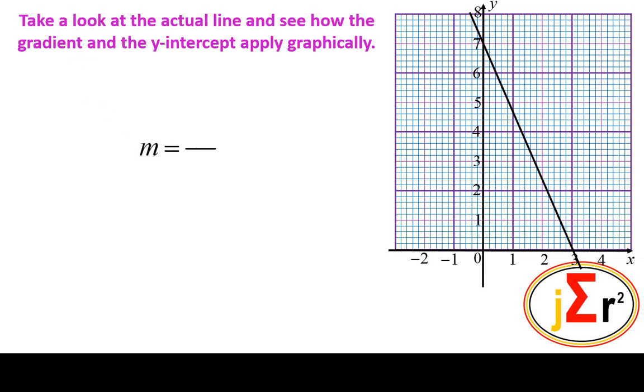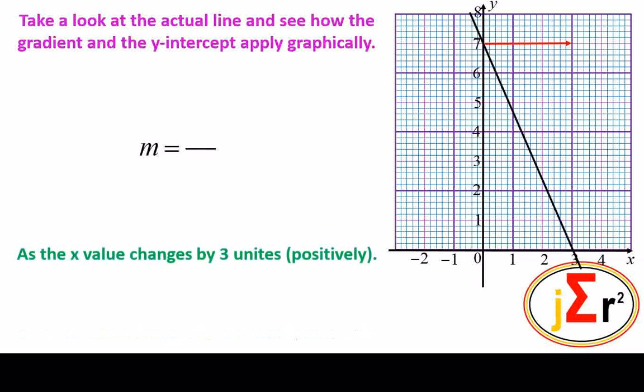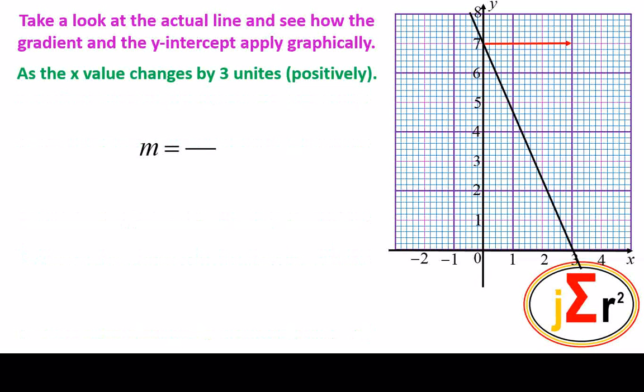So we have a gradient, and we know that the gradient is the rate at which y changes with respect to x. As the x value changes by 3 units positively, so if we take a look at this, 3 units positively, that is the change in x, 3 units positively, there it is.